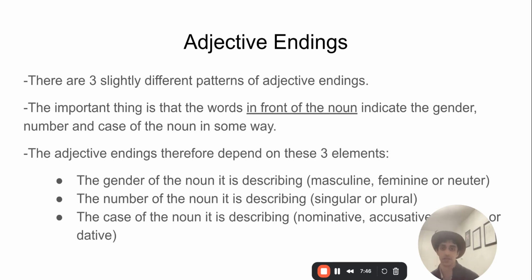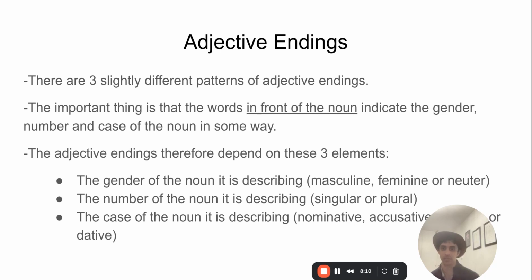If there's an indefinite article, the word for a or an, in front of the adjective, then there's a slightly different pattern. And if there's just adjective followed by noun without the or a or an in front, then again, it's a slightly different pattern again. So remembering all of these, and I'll show you the tables, which most people will go through and will see in school as well.